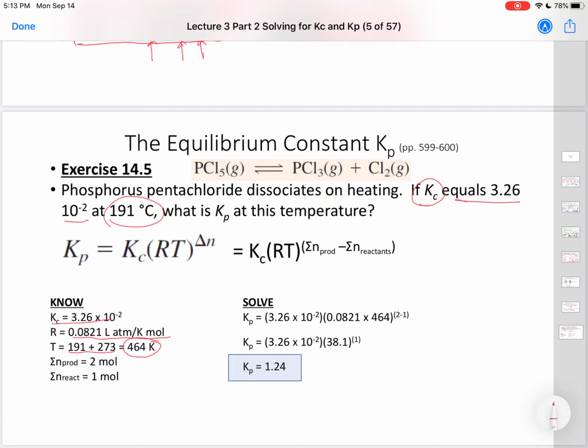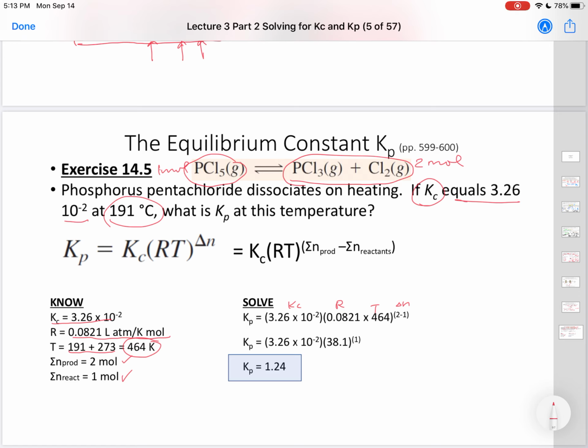And in this particular reaction, delta n is, again, the moles of products minus the moles of reactants. In this case, there are 2 moles of product and 1 mole of the reactant. So we're going to plug in all of these numbers. We have our Kc, we have our R, we have our T, we have our delta n.